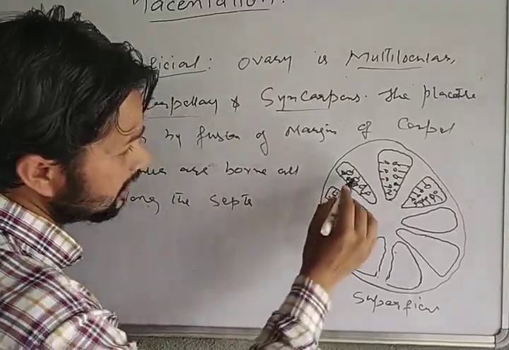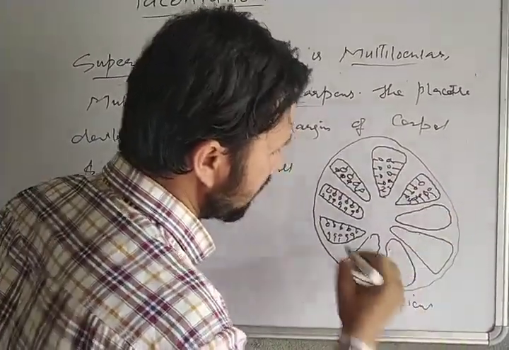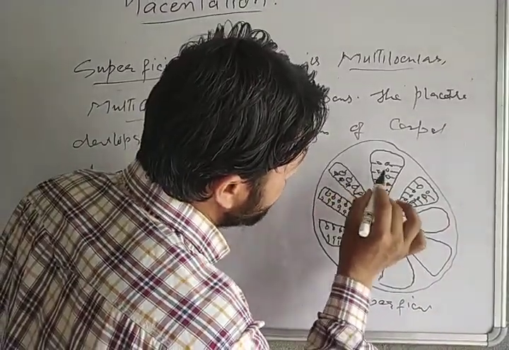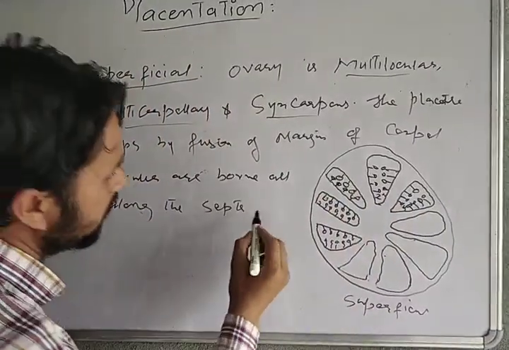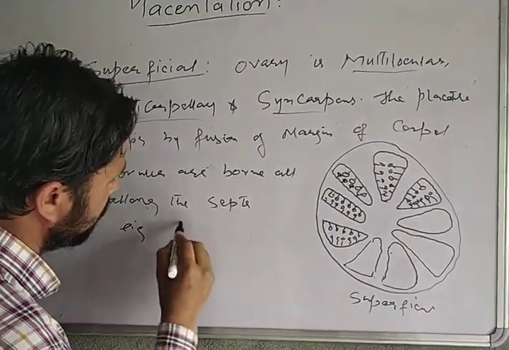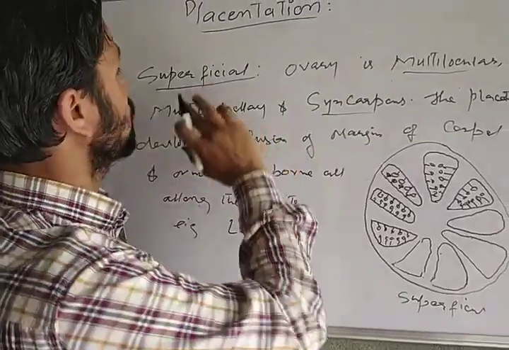In all these septa, in all these chambers, there is the presence of ovules. And if we take an example, we can say lotus. Lotus is the example of superficial.